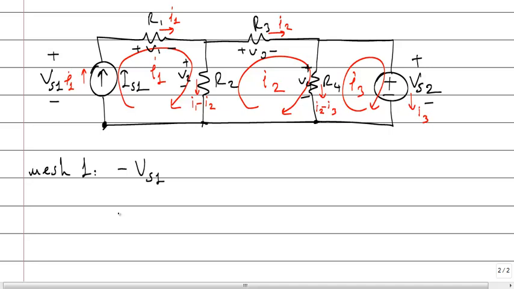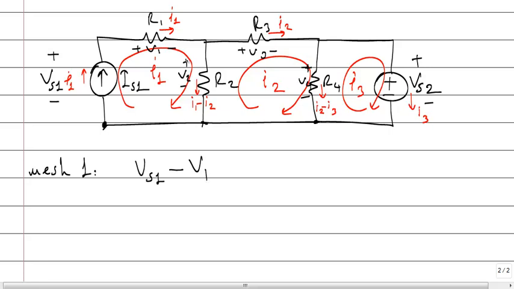If I see a plus sign, I will write plus. Or let me write like in physics: if I switch from minus to plus, it means there is a voltage increase. So I will write plus V source 1. Then there is a plus to minus drop. There is a voltage drop. So I will write minus V1.